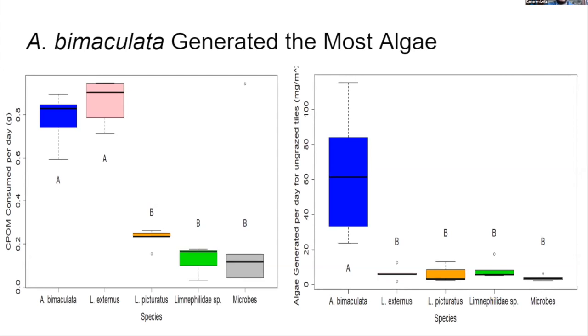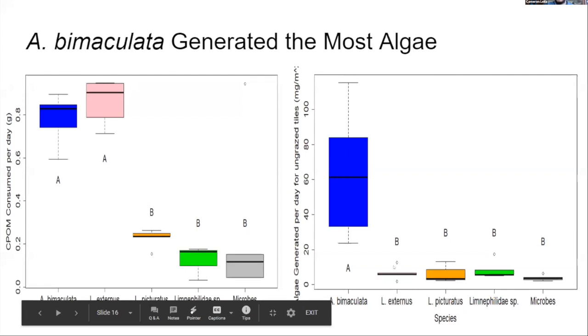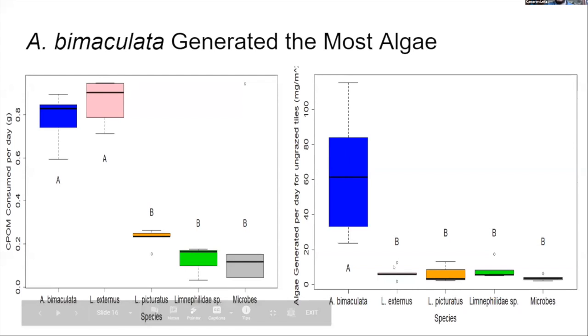So, based on the coarse detrital breakdown, we expected Vermaculata and externus to both have high rates of algal growth, but we can see on the right that externus has really low algae in its microcosms. This was really interesting. We thought that this was possibly due to Vermaculata having higher concentrations of nitrogen and phosphorus in its excretion, which possibly could have led to this difference.